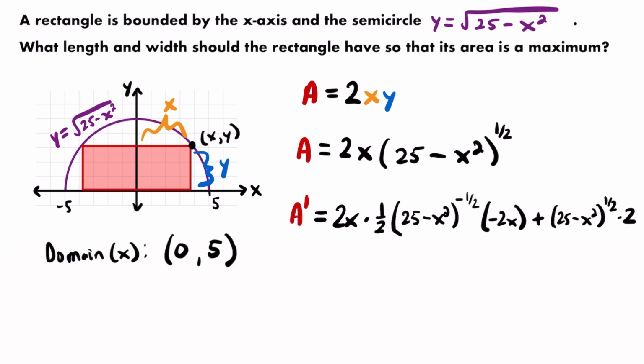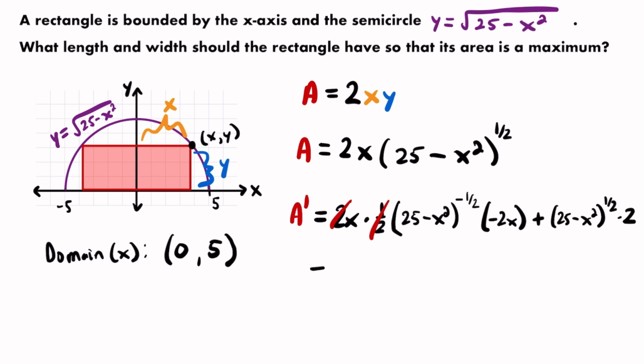So now let's simplify. We can make this derivative look a lot nicer before we set it equal to 0 and solve for x. The first thing I see is that we have 2x times 1/2. That 2 and this 1/2 will cancel each other out. 2 times 1/2 is 1. So I'm going to cross out 2 and 1/2. And then I see we have x and negative 2x. If we multiply those together, we'll have negative 2x squared.